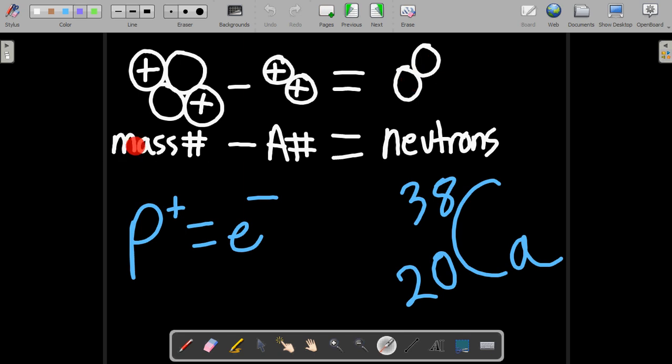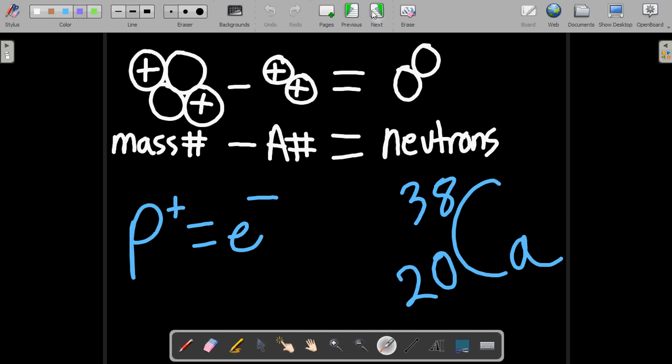So if you take the mass number of an isotope and the atomic number and subtract them, you will get the number of neutrons. Now, as a side note, we said before, in a neutral atom, and this would be a neutral atom, protons equal electrons.